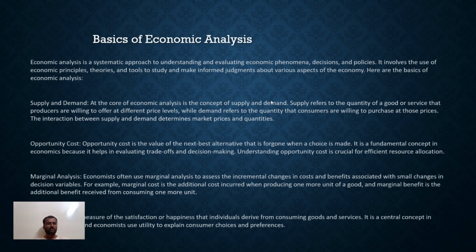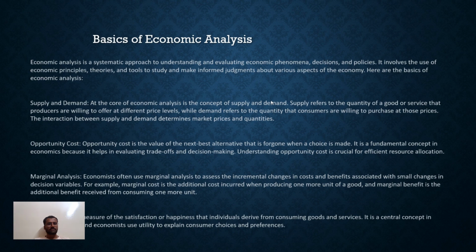And the third one is marginal analysis. Economists often use marginal analysis to assess the incremental changes in costs and benefits associated with small changes in decision variables. For example, marginal cost is the additional cost incurred when producing one more unit of a good, and marginal benefit is the additional benefit received from consuming one more unit.